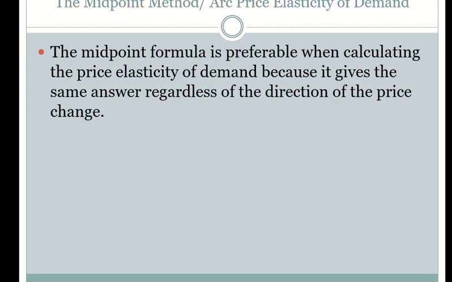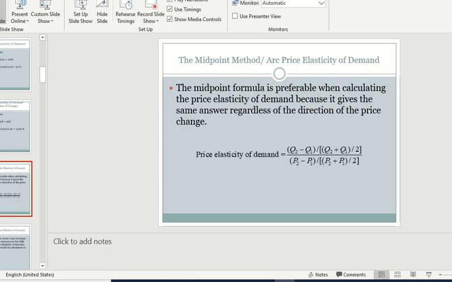Midpoint method, or sometimes called the ARC method, average rate of change. The midpoint method to find ARC price elasticity of demand is preferred whenever possible, because it gives the same answer regardless of the directions of the price change.